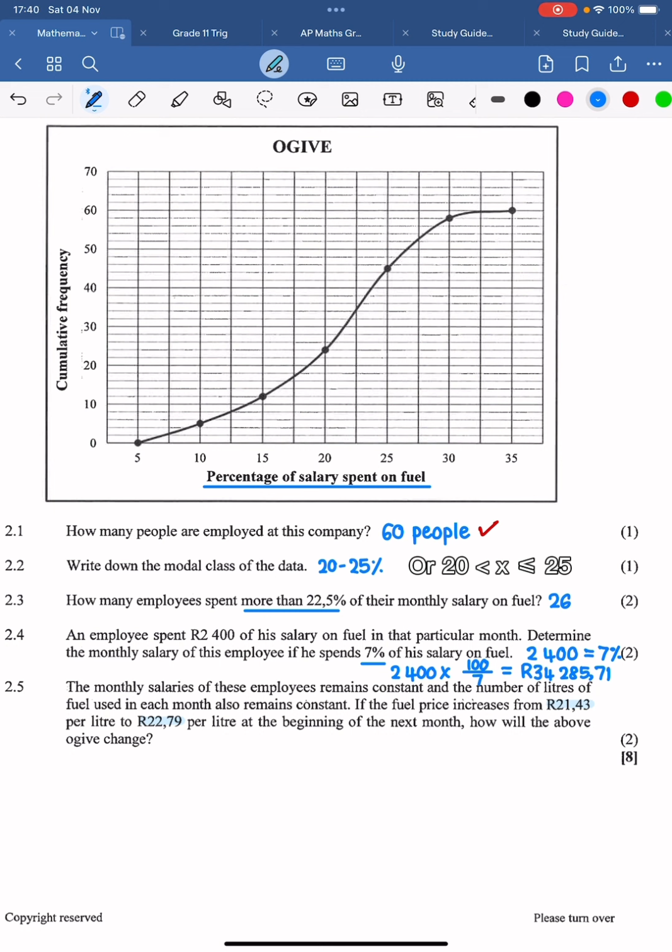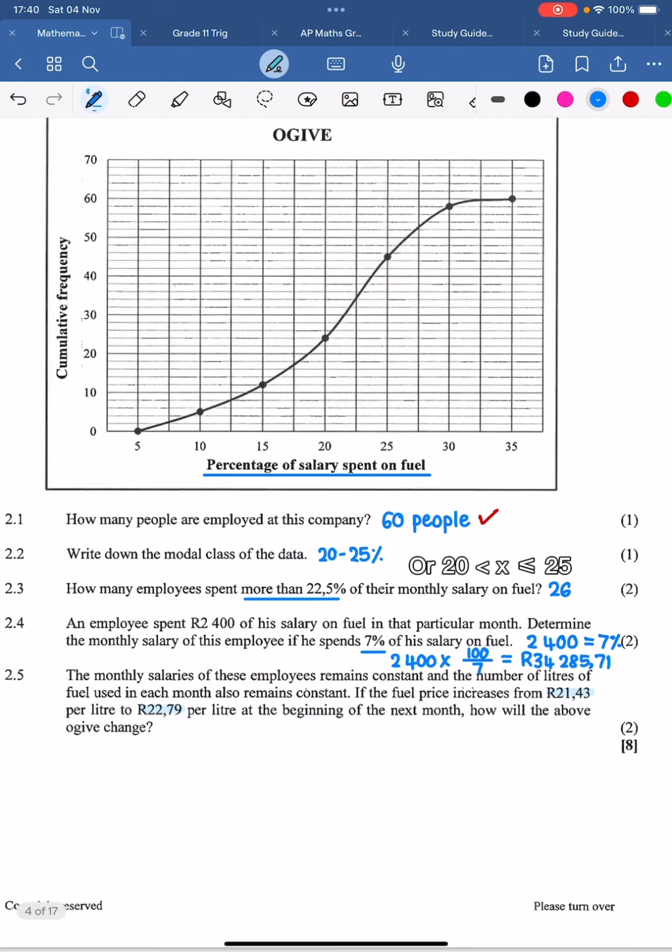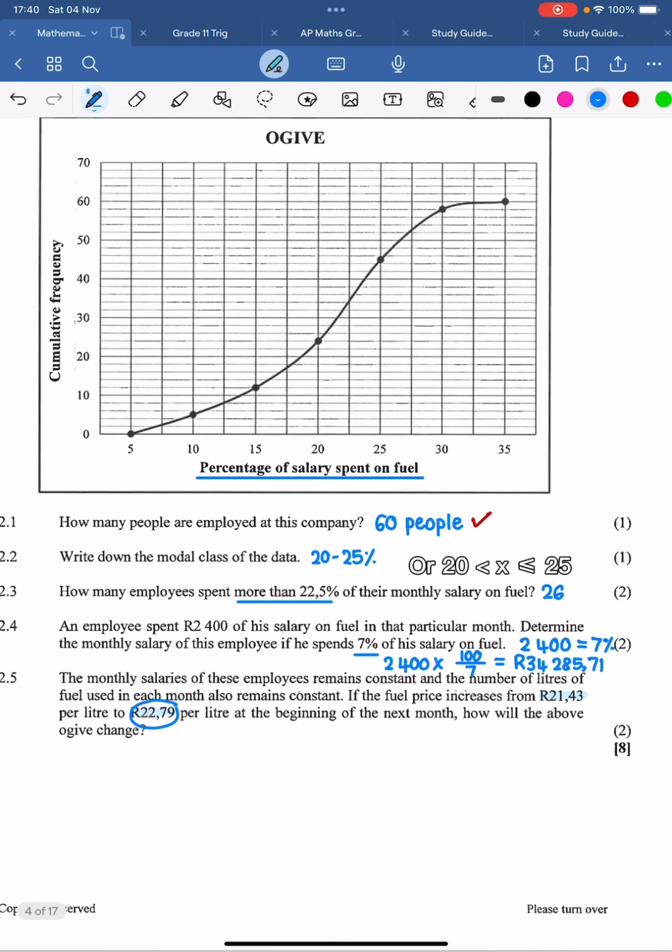We only need to address what's going to happen to the shape of this ogive. The shape of the ogive is going to change because now if your salary remains the same and you are still buying the same number of liters, but each liter is more expensive, that means that in total you will be spending more money on petrol. That means that every single person is actually going to be spending a higher percentage of their salary.